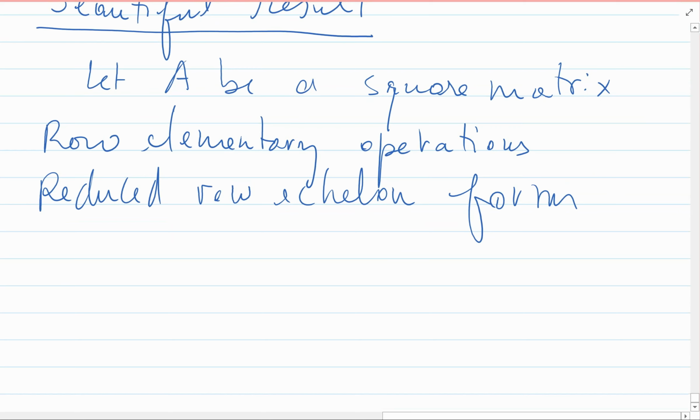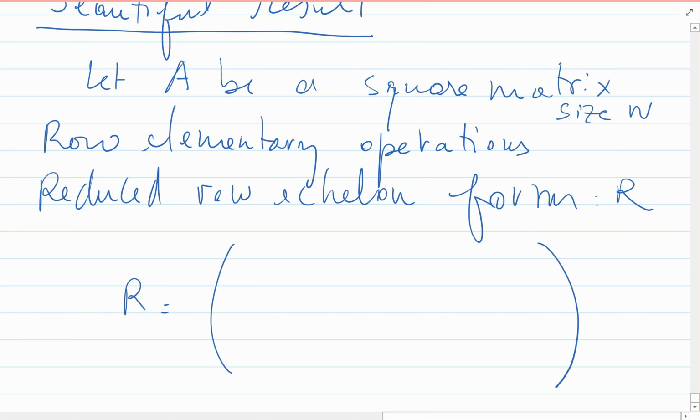Now what is the shape of that matrix? If the matrix A has size n, then this new matrix, the reduced row echelon form, let's call it R.